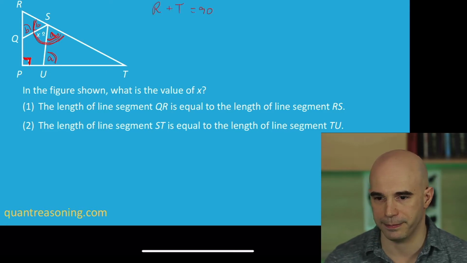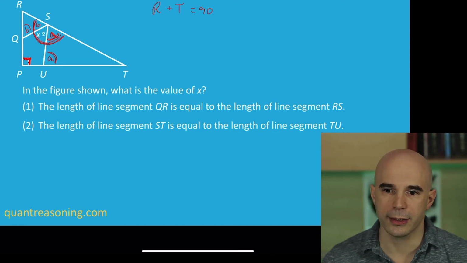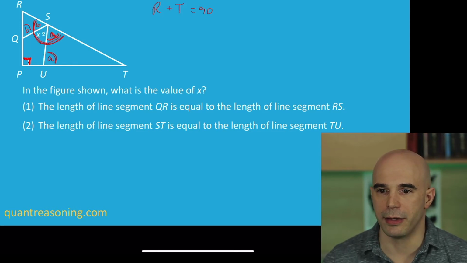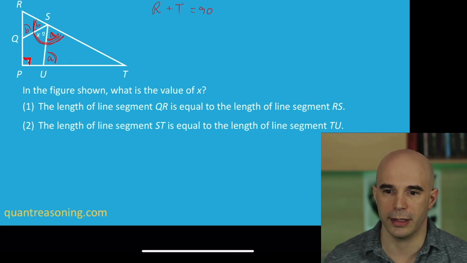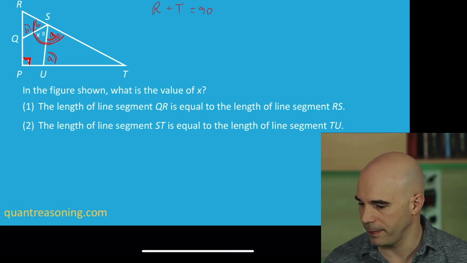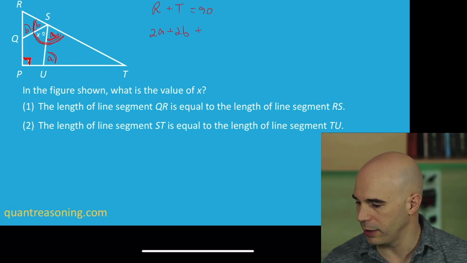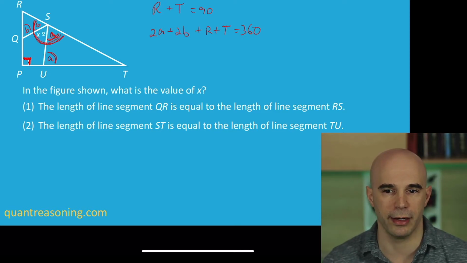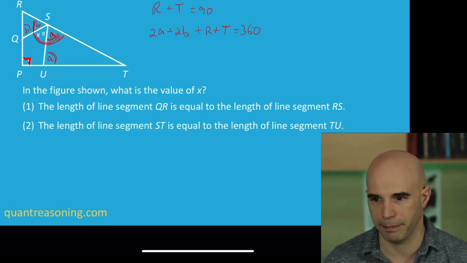But I also know that the total of the angles in the two small triangles, QRS and SUT, is 360. So we have 2A plus 2B plus R plus T is 360. That's all of the angles combined from the two small triangles, SRQ and STU, altogether is 360.